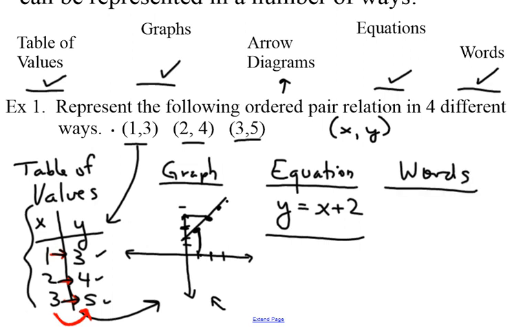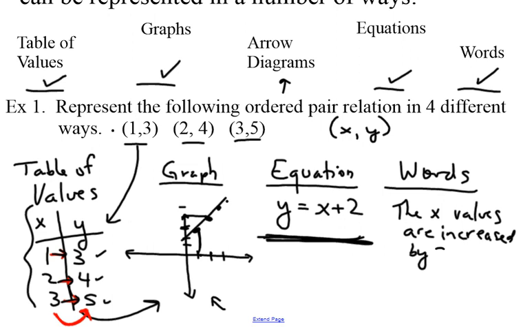Can you write, explain, describe the equation? But don't use the math terminology, y is x plus 2. We see that in the equation. What's happening? The x values are increased by 2 to give the y values.